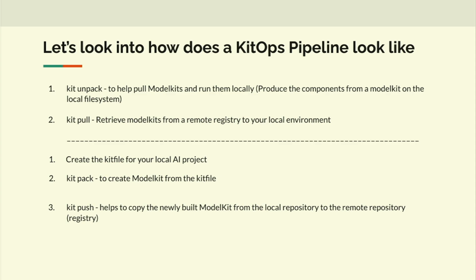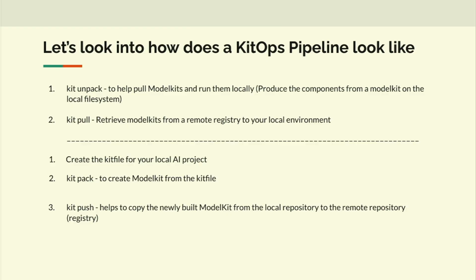So let's look at how a typical GitOps pipeline looks. Similar to Docker pull, where you pull a container image from Docker Hub or any private registry, you can do a git pull, which will pull your OCI artifact, and you can unpack it, which is basically unpacking all of the contents in your system.